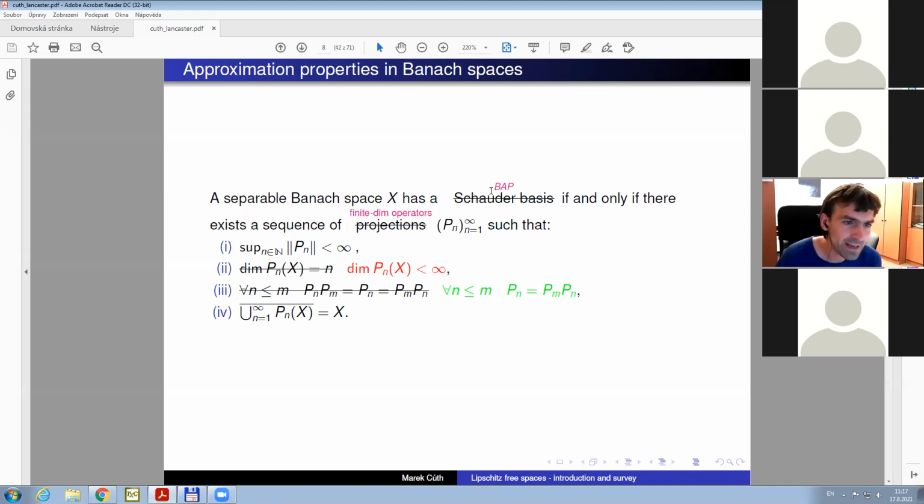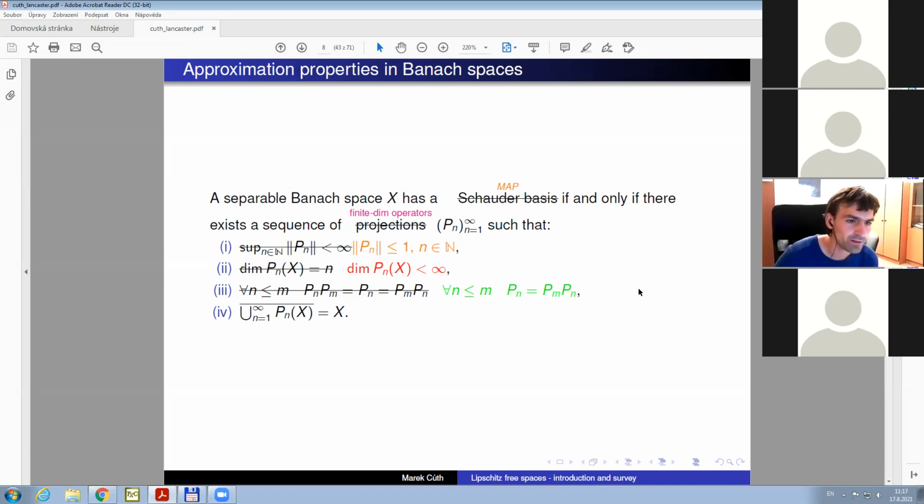And finally, BAP, the notion I was talking about a few slides before: you replace the requirement of having projections with just having finite dimensional operators. And moreover, if the operators are uniformly bounded by the number 1, we say that the Banach space has the MAP. Those are the notions, and all of them are somehow related to the extension of Lipschitz maps.